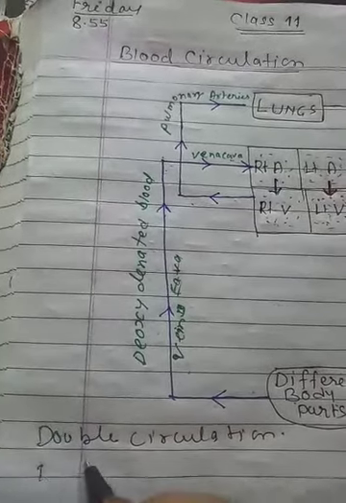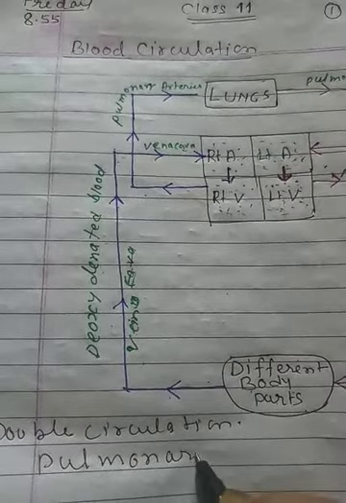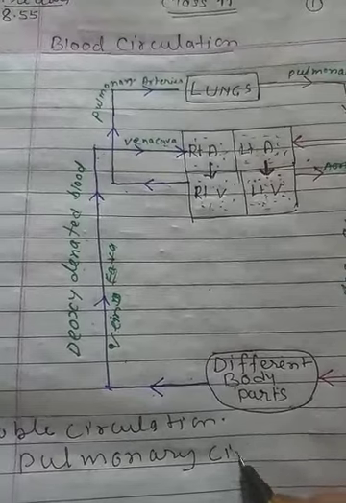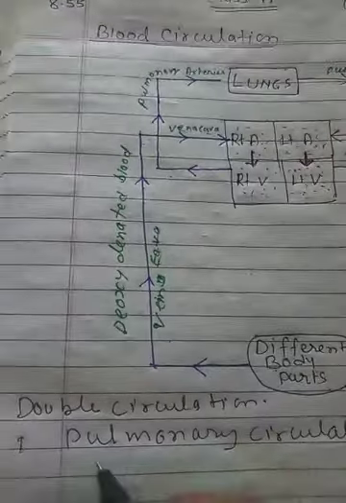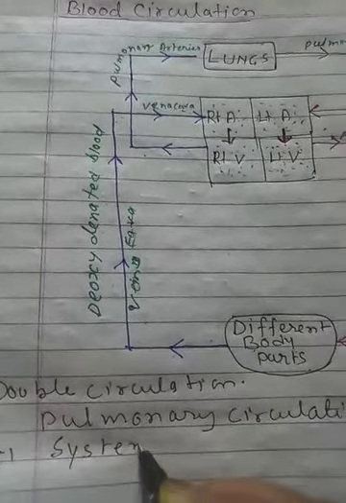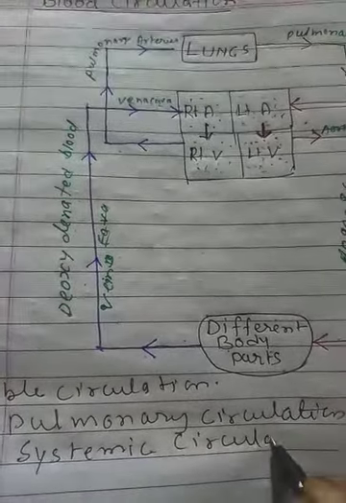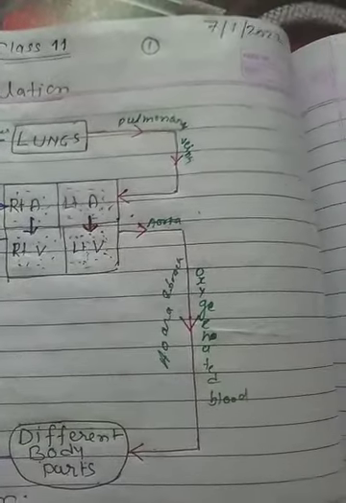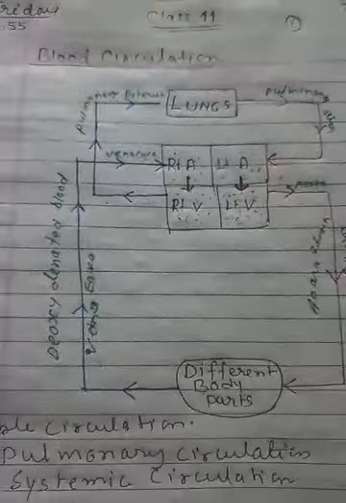One is pulmonary circulation and second is systemic circulation. Clear? Yes, ma'am. Anybody have any problem?